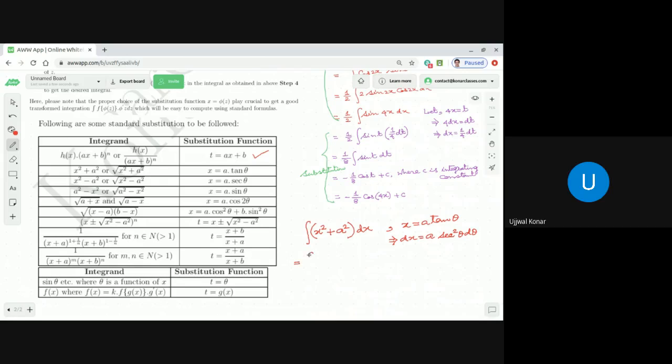So what is coming? x square is equal to a square, 1 plus tan square theta, no? a square tan square theta plus a square. Correct? And instead of dx, what we can write? a into sec square theta d theta. Correct or not? Yes. Clear or not clear?